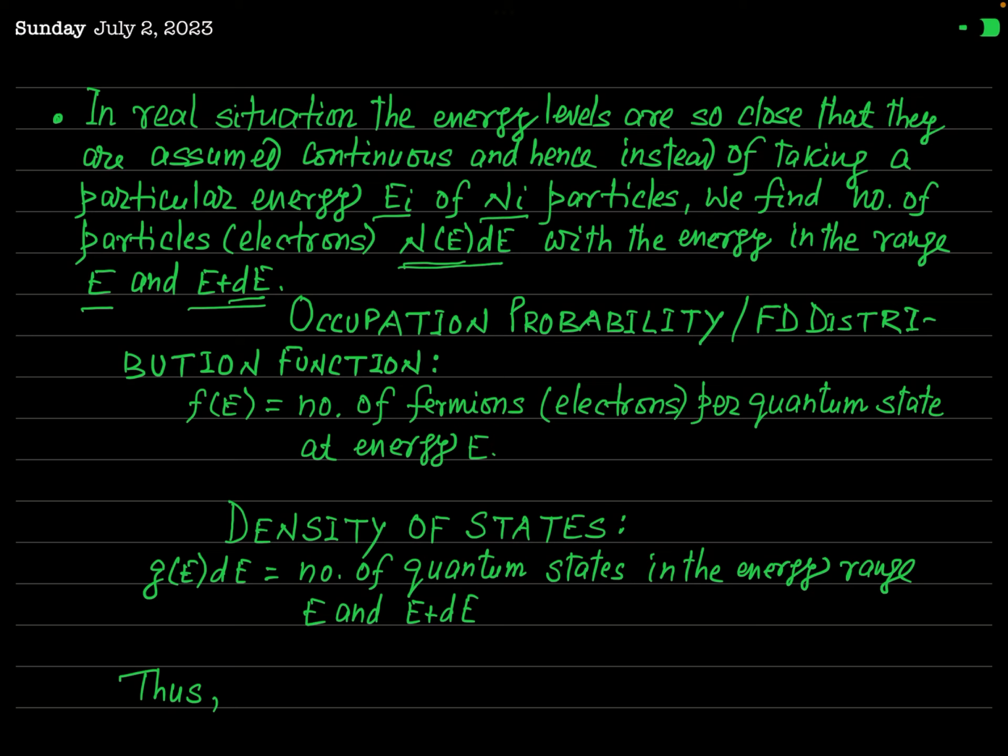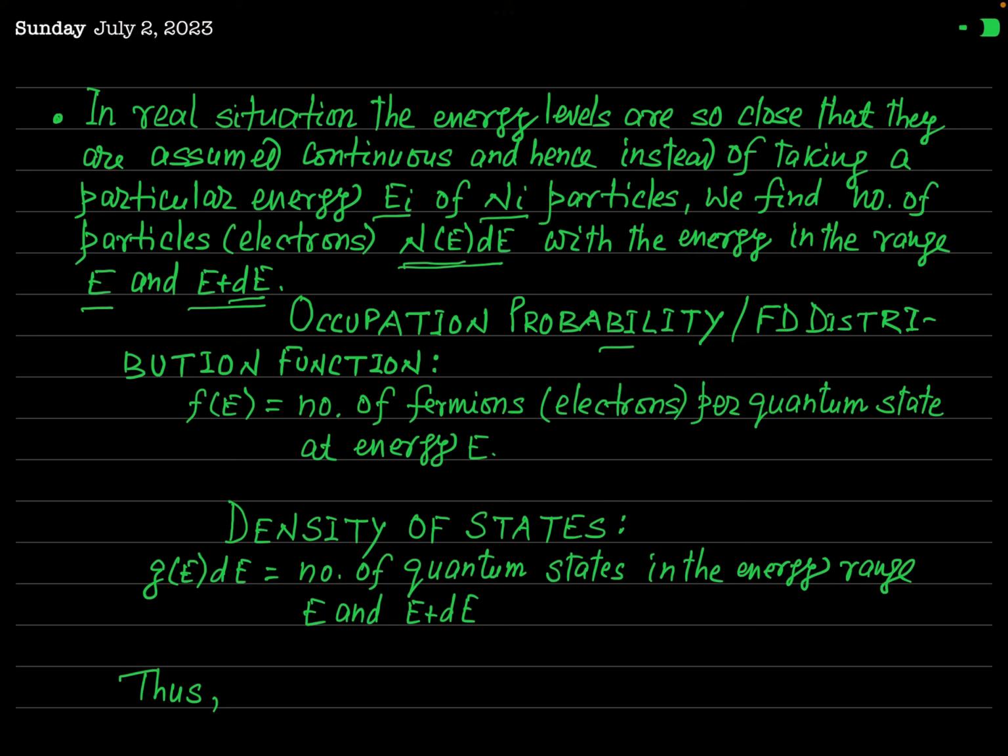As I have told you earlier, in this short lecture our aim is to find the expression for density of states. But you have learnt about the occupation probability, or Fermi-Dirac distribution function, in the earlier lecture.